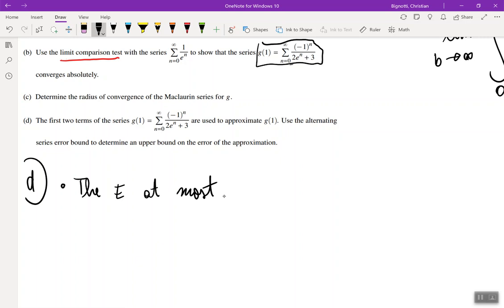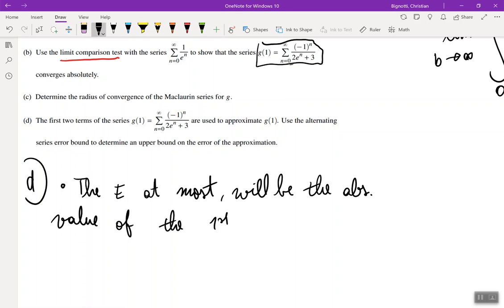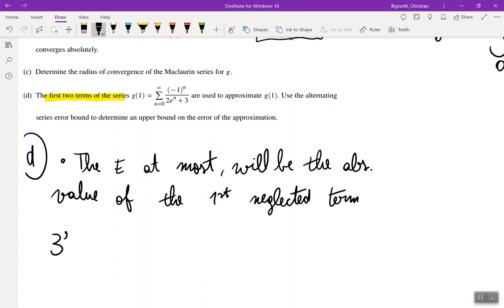the absolute value of the first neglected term. What this means is that if we're using the first two terms to approximate a value for G of 1, the first neglected term is the third term.